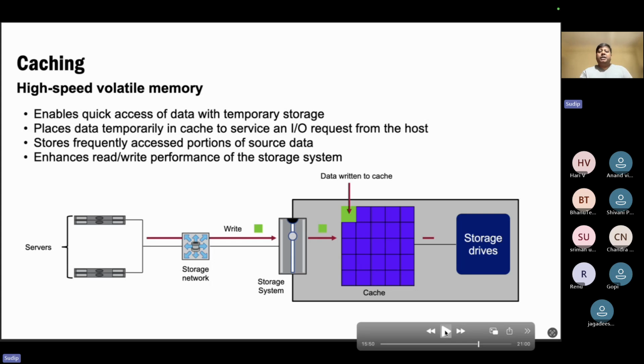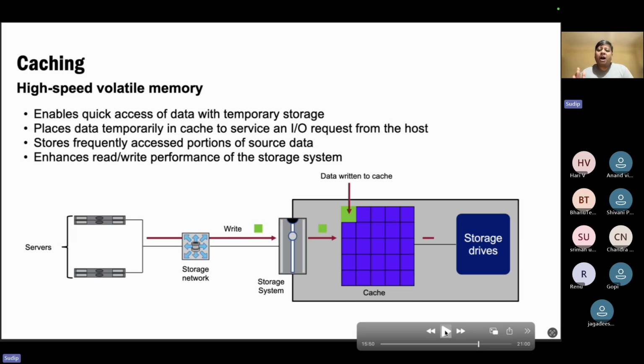So that data which we took as a selfie, or an Instagram reel, this is exactly what happens in the backend. That file gets broken down into chunks or blocks, and from the server it reaches over the network to the front end of the storage system and hits the front end ports. From the front end ports, it gets temporarily stored in the cache of the storage controller.